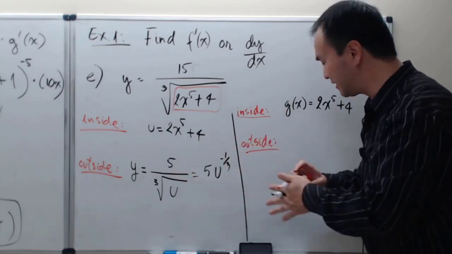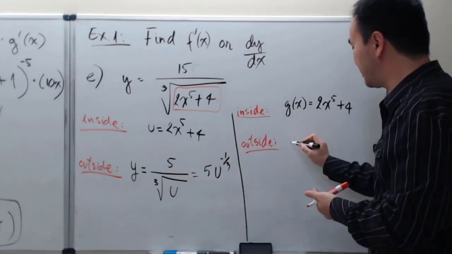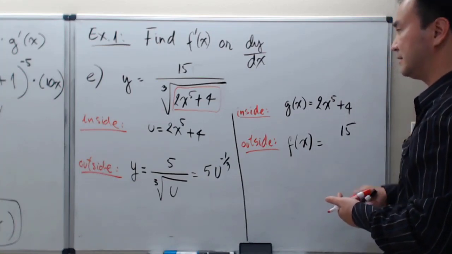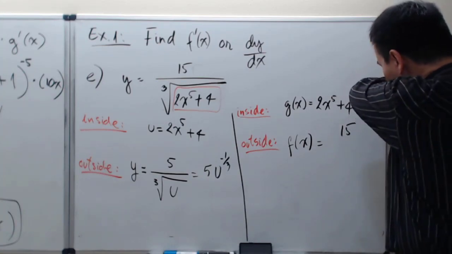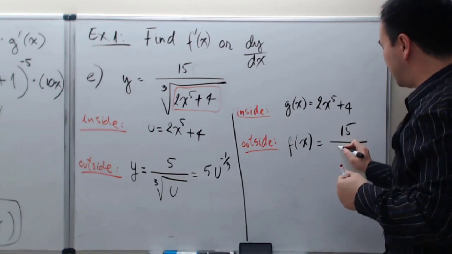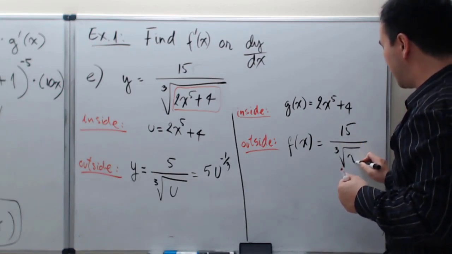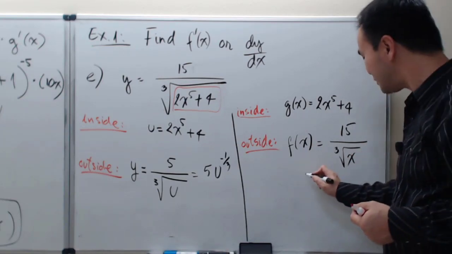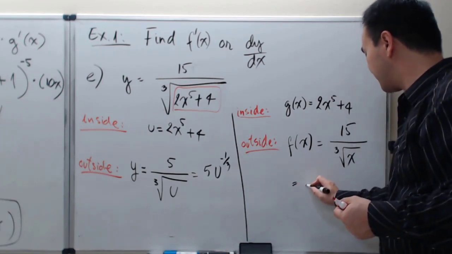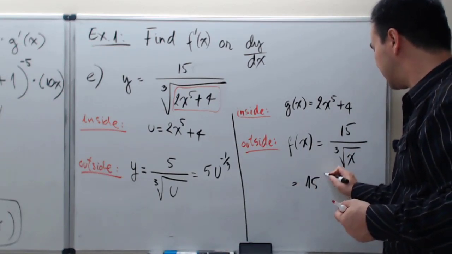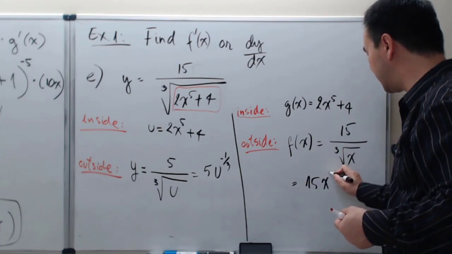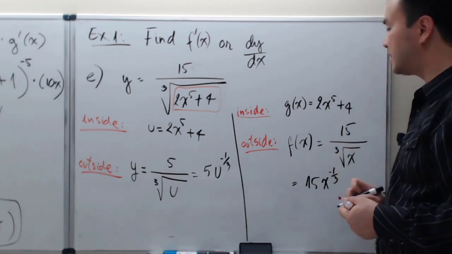So that something there we can understand as a variable x. So 15, excuse me, over cube root of x, 15 over cube root of something, some value. Or we can write that as 15 times x to the negative 1/3 power.